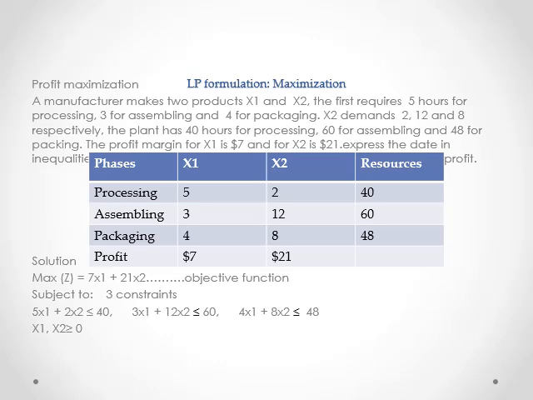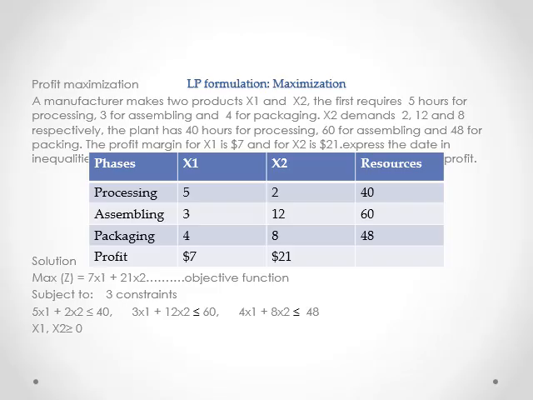The last is packing, where 1 unit of x1 costs us 4 and 1 unit of x2 costs us $8. The total resources available for phase 1, the phase of processing, is 40 hours only.